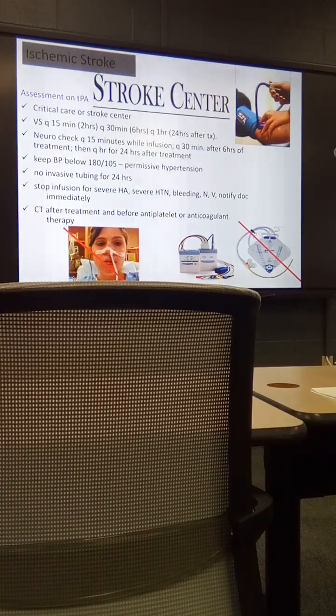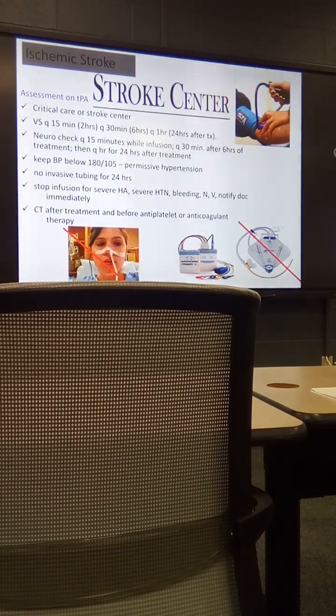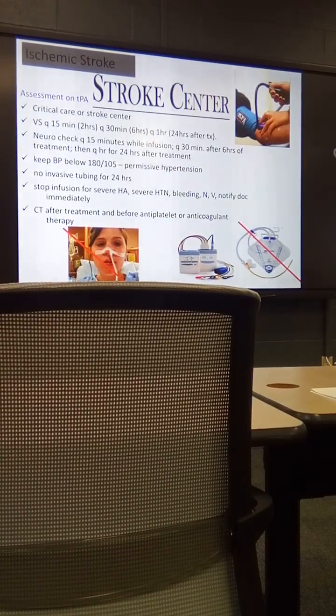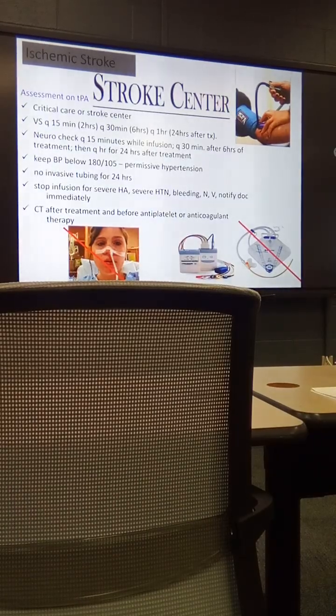But if we keep their blood pressure low, then it's not perfusing the brain. There are specific parameters on the MAR on how low the blood pressure should be. It will be very specific, and usually it's 180 over 105 that we want. So if their blood pressure is 179 over 104, we're okay. Right now, I'm thinking, oh crap, but if there are specific guidelines, that's what we'll follow.